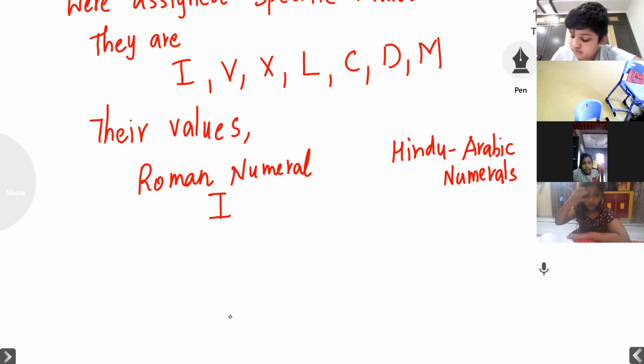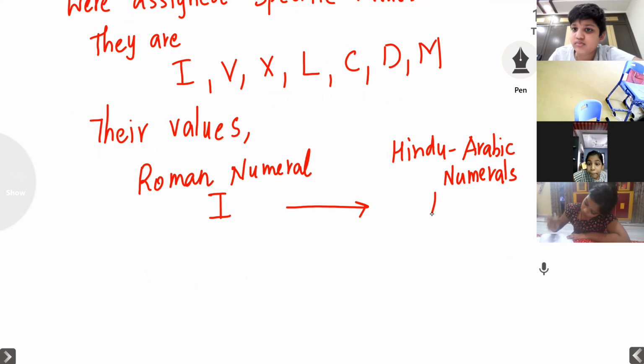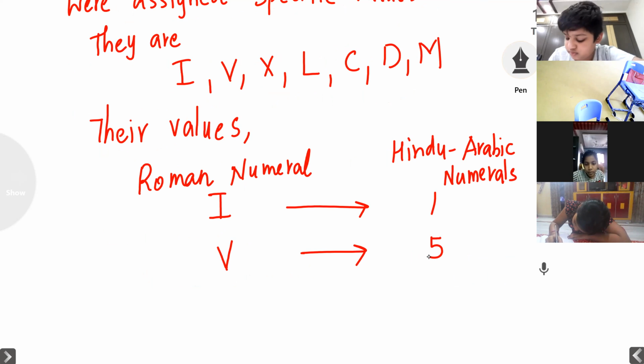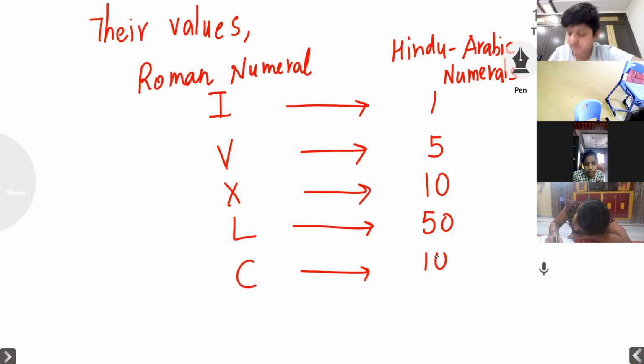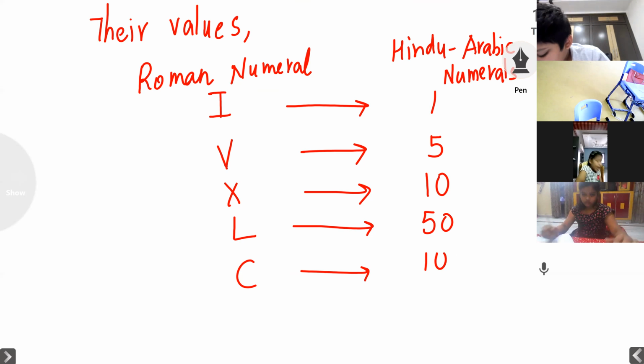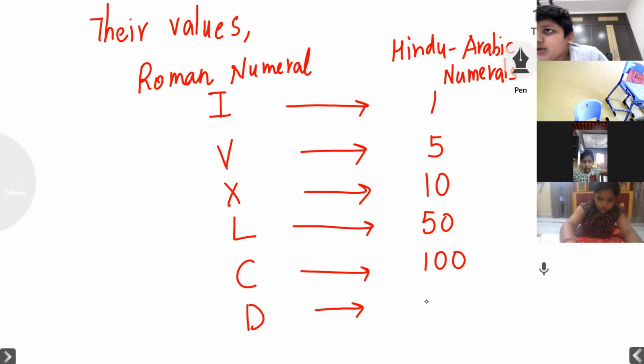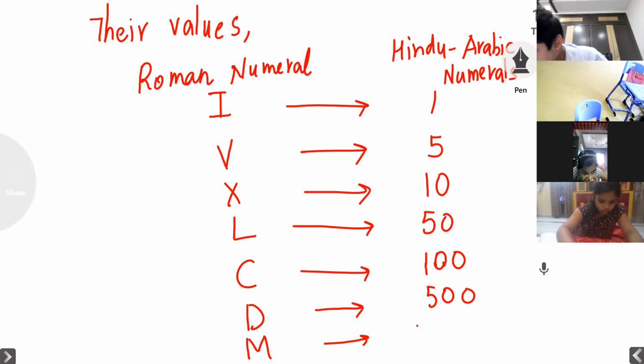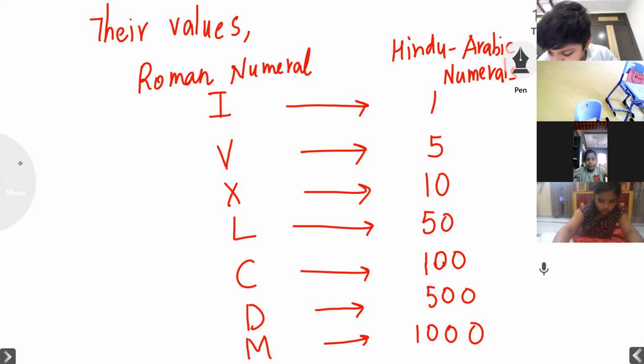I, value is 1. V value is 5. X value is 10. L value is 50. C value is 100. D value is 500. M value is 1000.